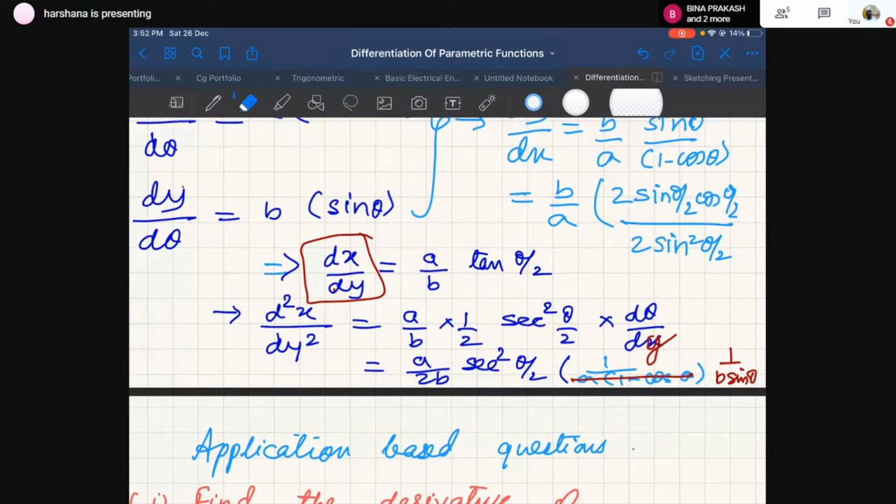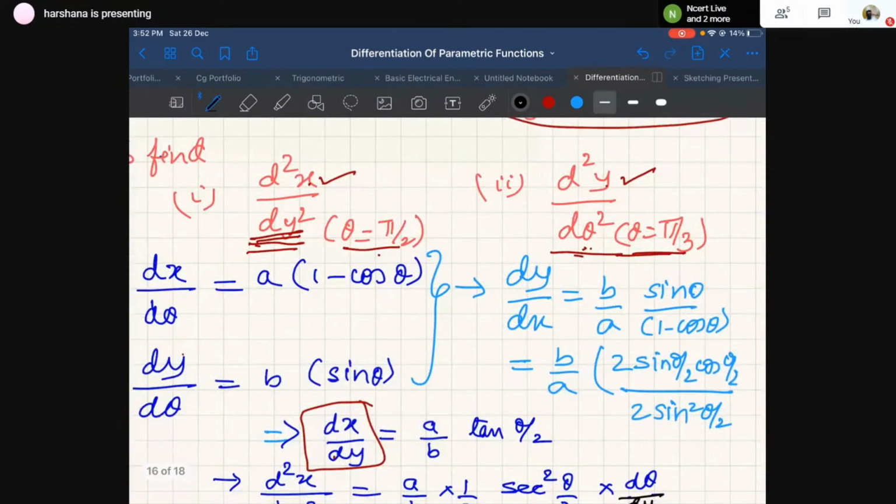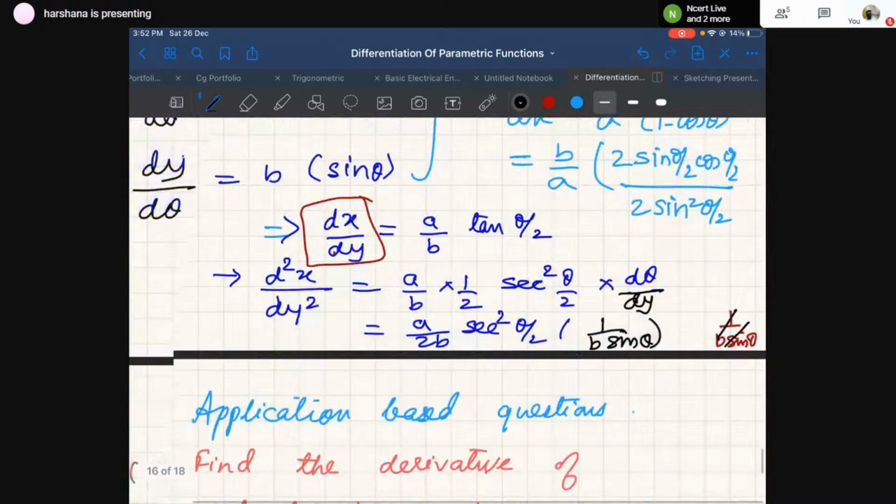This is d theta on dy, that is 1 upon sin theta. If you require further explanation, you can go with it. So that's what we have for the second derivative of different types of expressions.